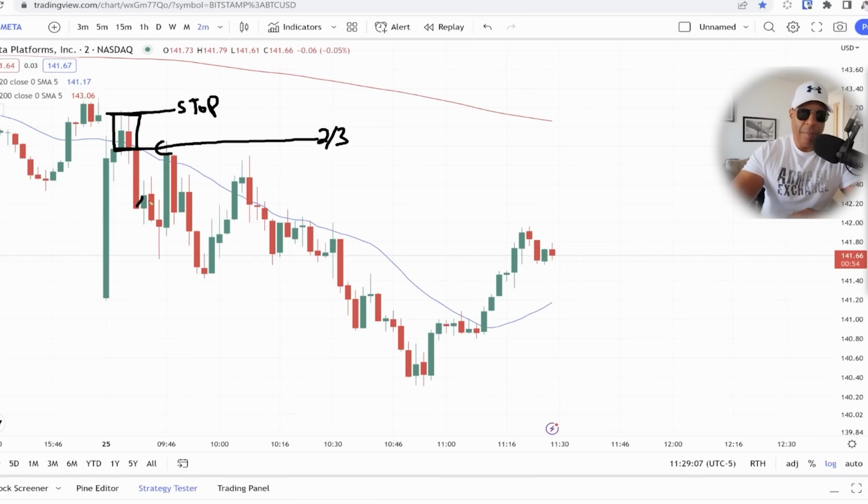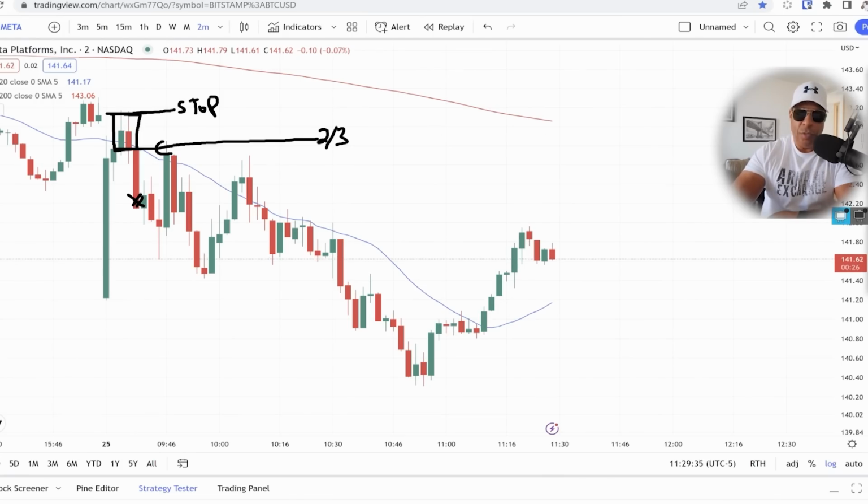And you're going to start coming out. Now, if you play this according to strict method, you're not coming out of everything on this initial drop. You're coming out of part.